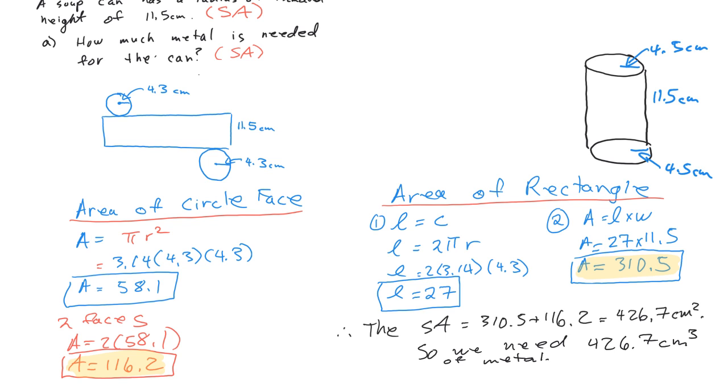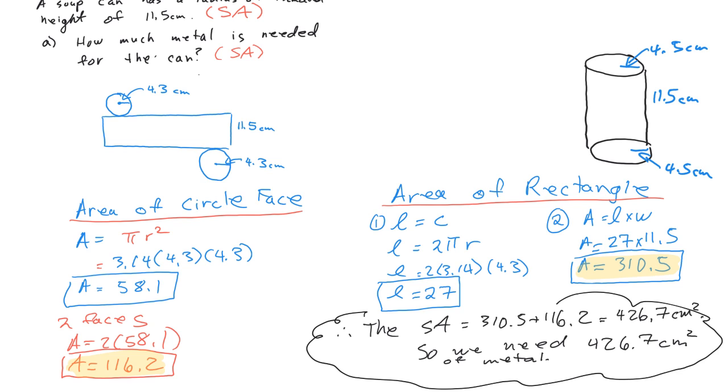And that should be centimeters squared, not cubed, because this is area. So make sure you put that in, and it's 427 centimeters squared as our final answer. And we're done.